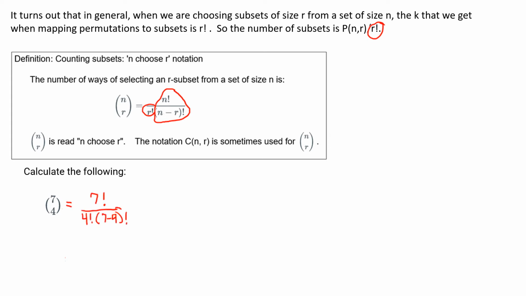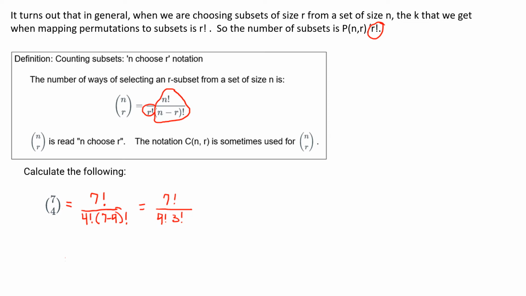And so it would be 7 factorial on the top, and then 4 factorial times 7 minus 4 factorial on the bottom. So really, again, it's just the permutation with this extra 4 factorial down there. So now I'll just simplify that 7 minus 4 to give me a 3. So I've got 7 factorial over 4 factorial times 3 factorial.